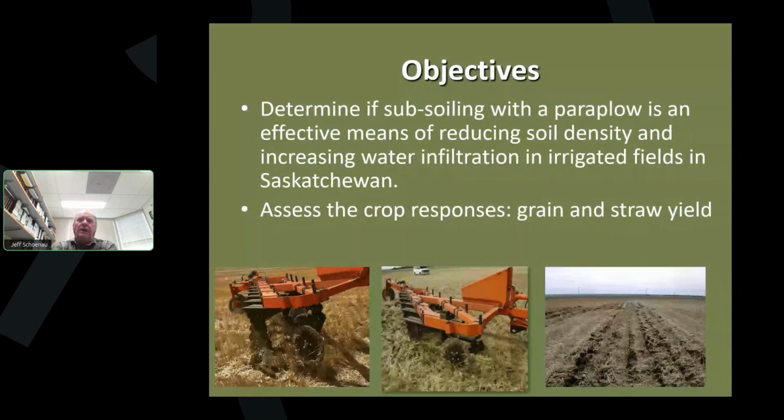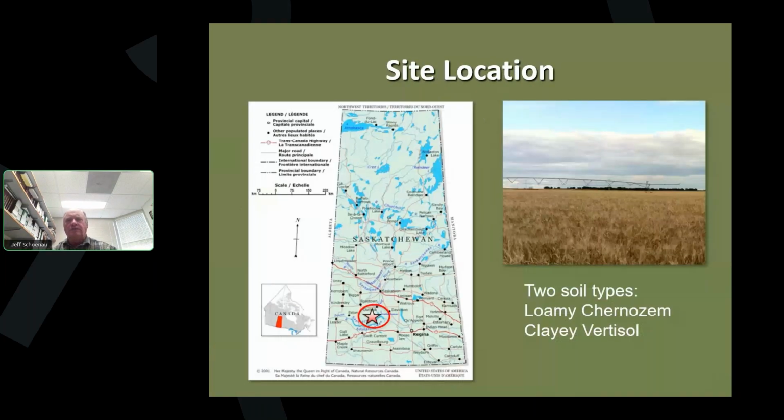So what we wanted to determine was if subsoiling with this paraplow unit was effective in reducing density and increasing water infiltration, and we also took a look at the yield responses. This work was done in the Lake Diefenbaker Irrigation District around Bursay. We actually had at the beginning three soil types.